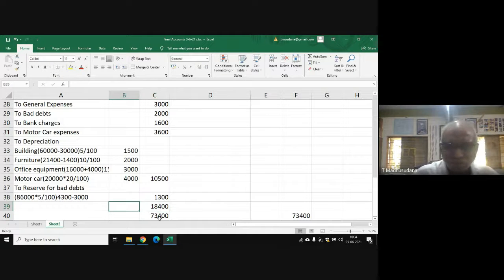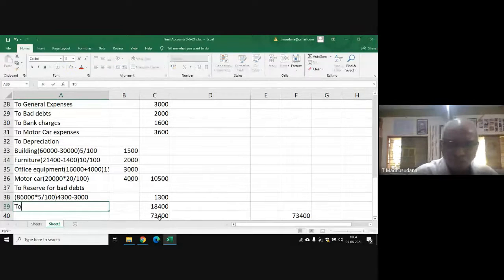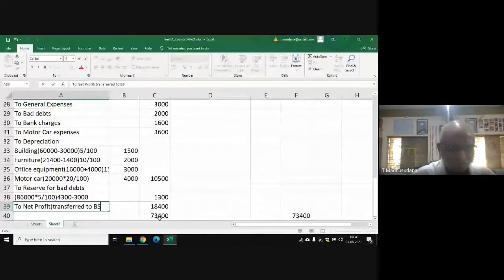So what is the name to be given for that? To net profit, net profit transferred to balance sheet.